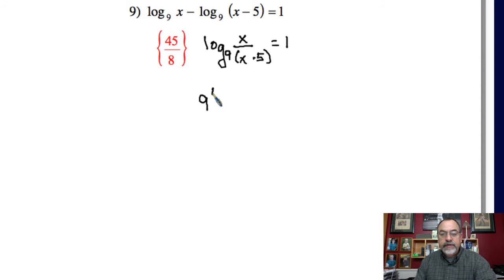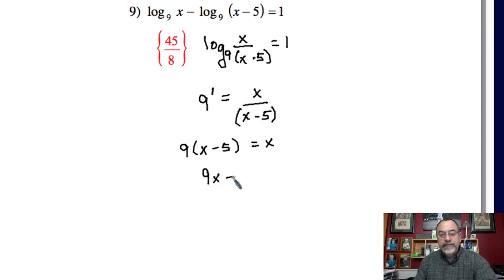The exponent over here is a 1. 9 to the first power is going to give me this x over x minus 5. Now again, we've got some fun algebra stuff to do. Remember, that stays together. So I'm going to multiply both sides by x minus 5 in order to get that x minus 5 out of the denominator. So then I'm going to distribute.